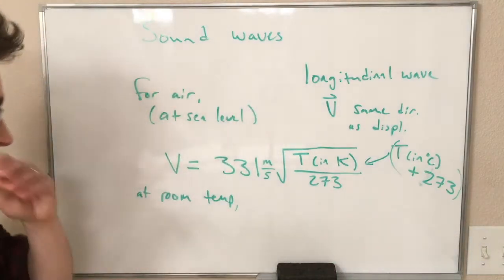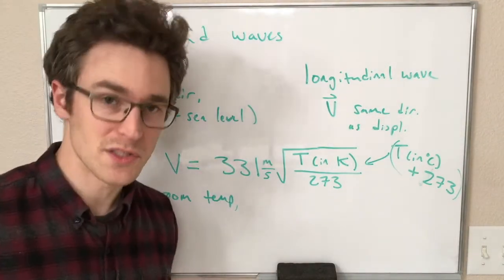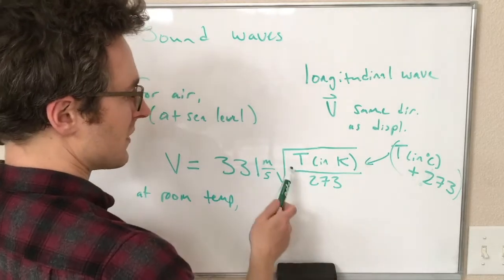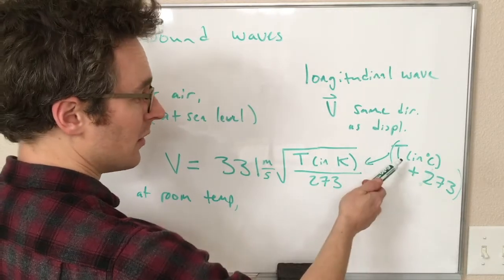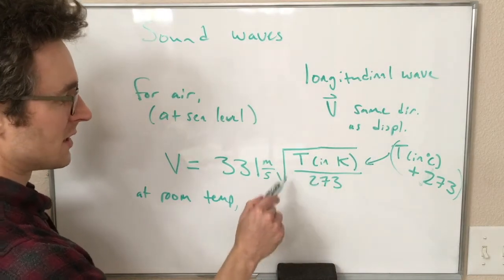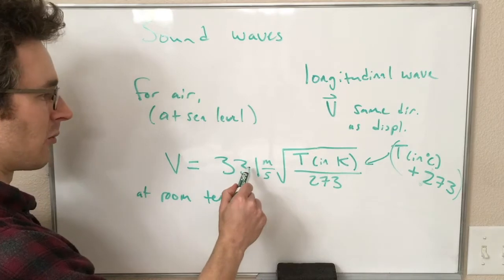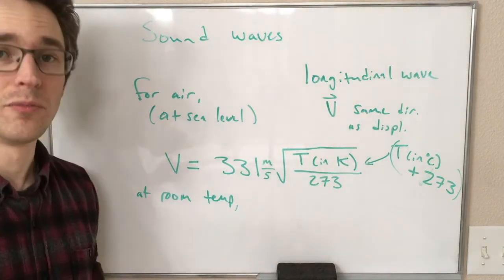So if we wanted to know the velocity at 20 degrees C, we would get the temperature in Kelvin by adding that to 273. So we get 293, and then we go 293 divided by 273, and take the square root of that and multiply by 331, and that gives us our velocity at 20 degrees C in meters per second.